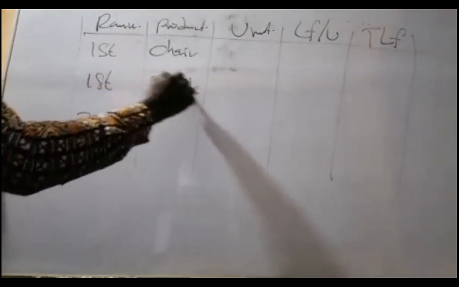So the first products, in fact, all of them first. So here I can make them table and chair, or chair and table. So chair, table. You can also make it table and chair because all of them are first. The units, I'll do all the two together.